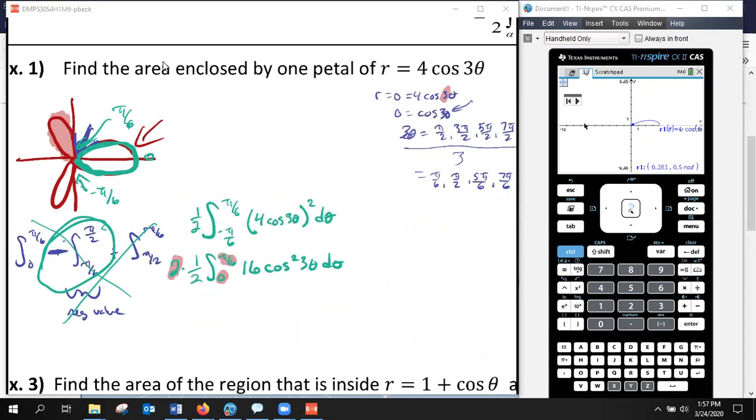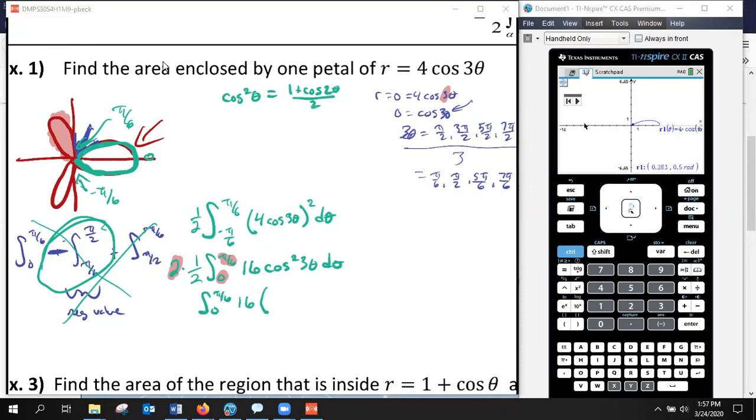And now, how do I work with this without a calculator? This would then be the integral from 0 to pi over 6 of 16, and if you remember a power reducing formula, it would say cosine squared of theta is equal to 1 plus cosine of 2 theta all over 2.